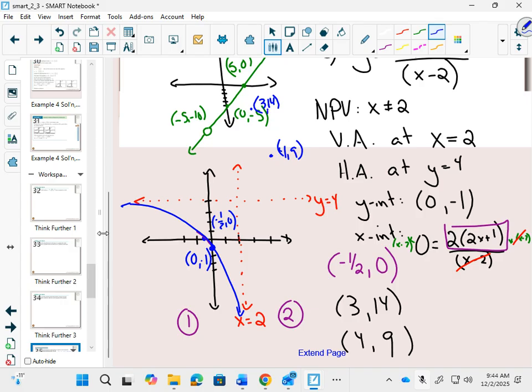Ooh, that almost looks like pi. And as soon as you have a single point in a section, like if you just graph 4 comma 9, this is enough. Draw towards the asymptotes. Done.